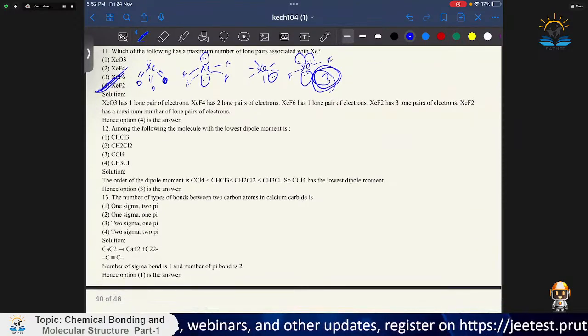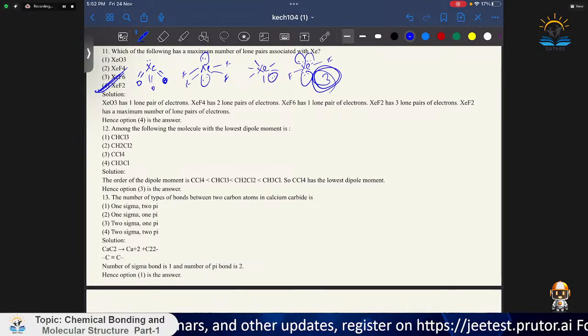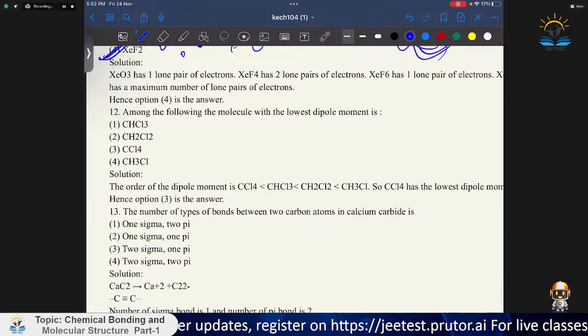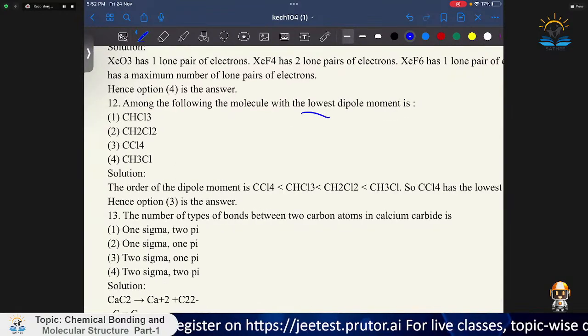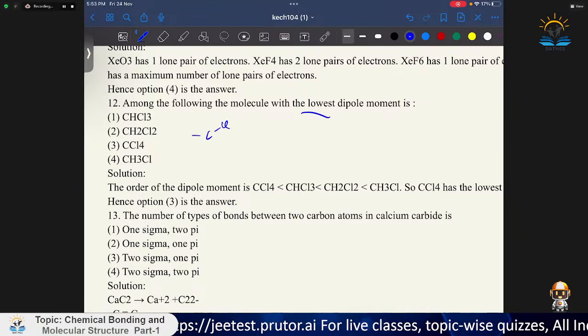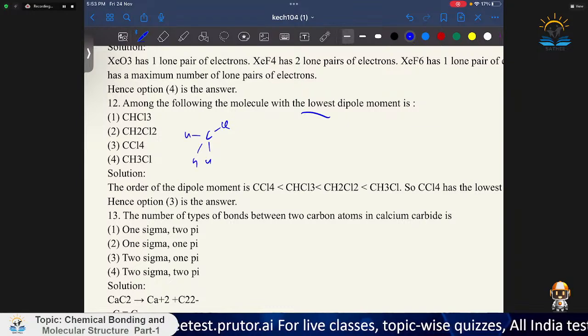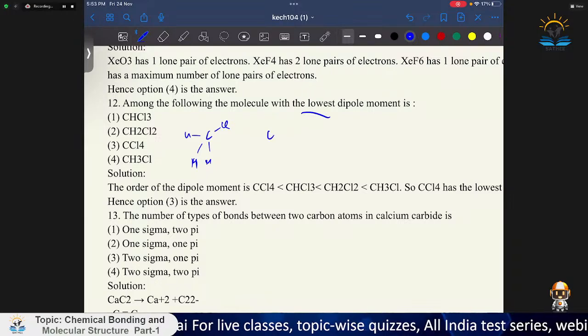Again, we get a molecule with the lowest dipole moment. Here, we can apply some logic. Lowest dipole moment they have asked. For each of the other 3 molecules, there is at least 1 chlorine and 1 hydrogen.